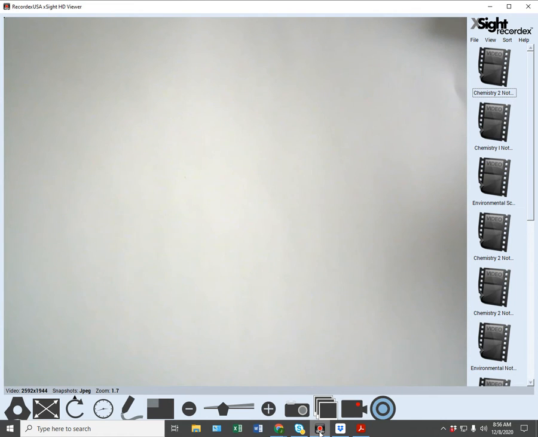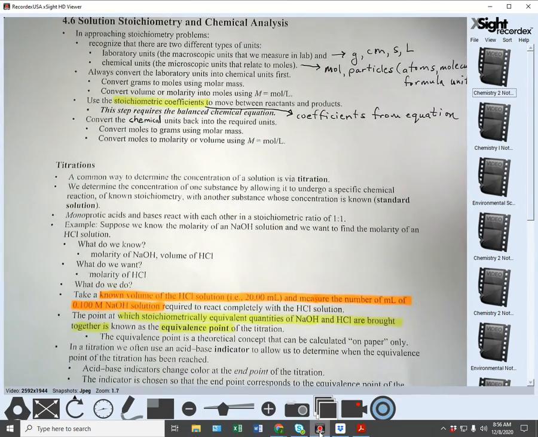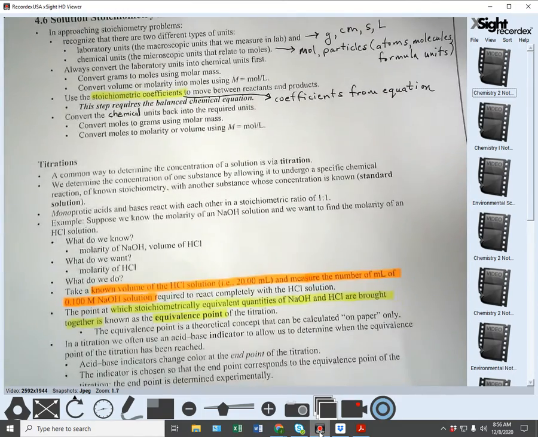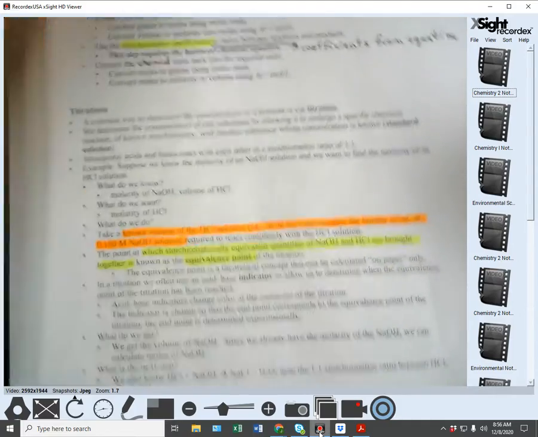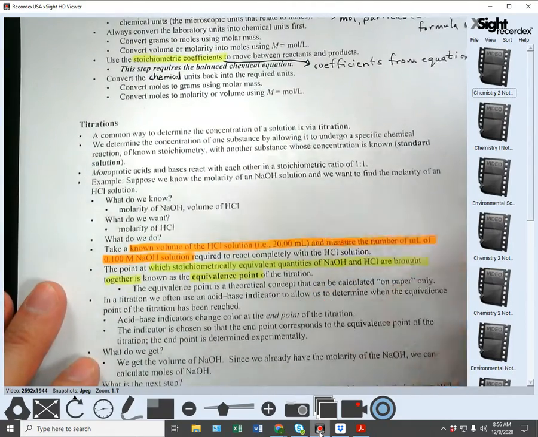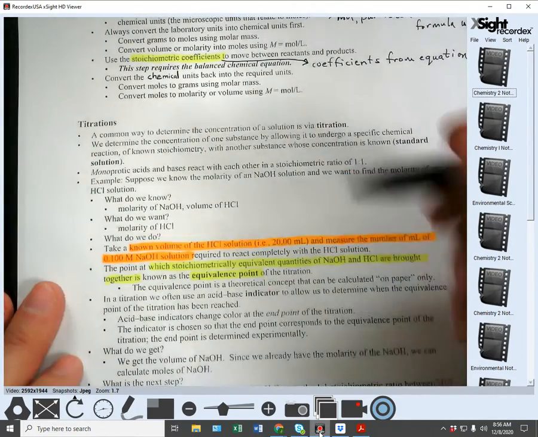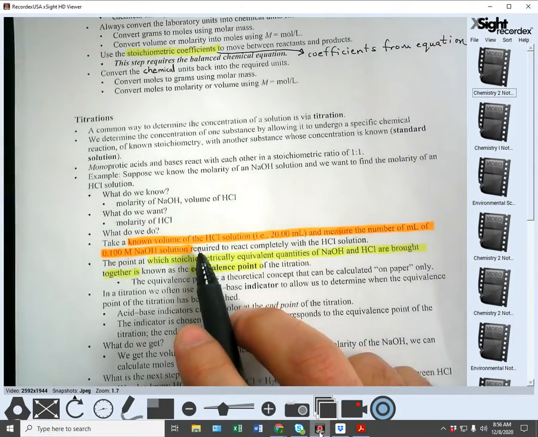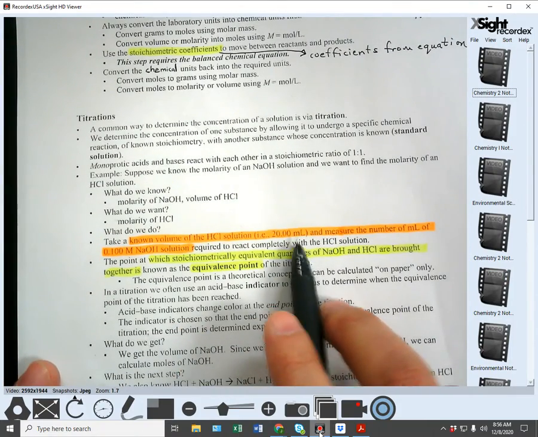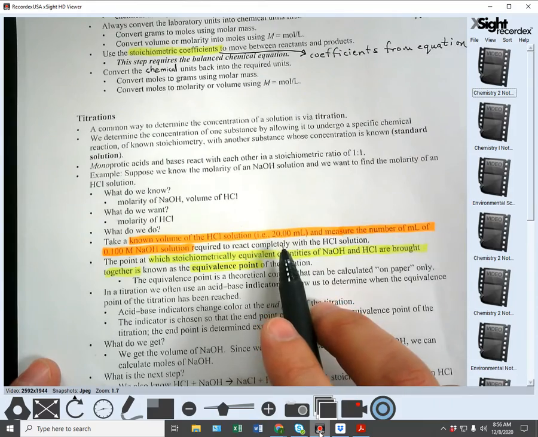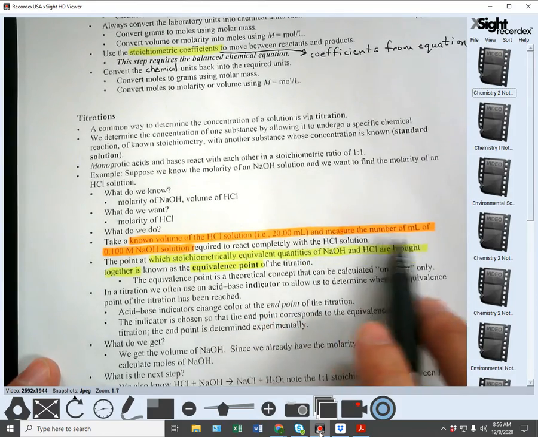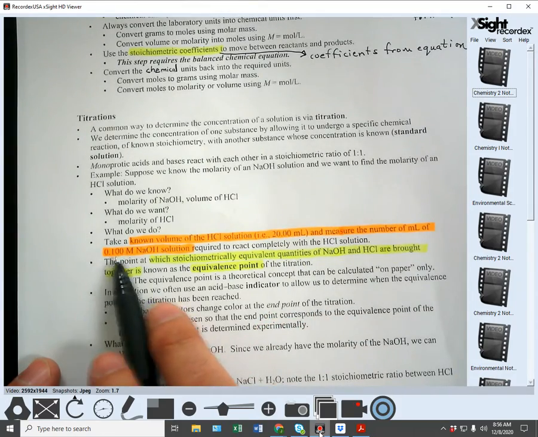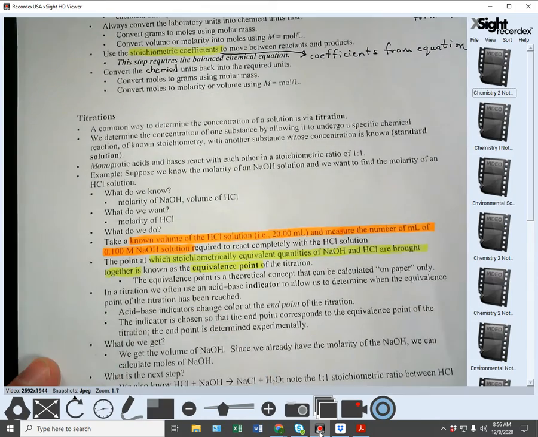Okay, now, how does this work on paper? Well, you take a known volume of the hydrochloric acid solution, so for example, 20 milliliters, and measure the number of milliliters of a 0.1 molar sodium hydroxide solution.